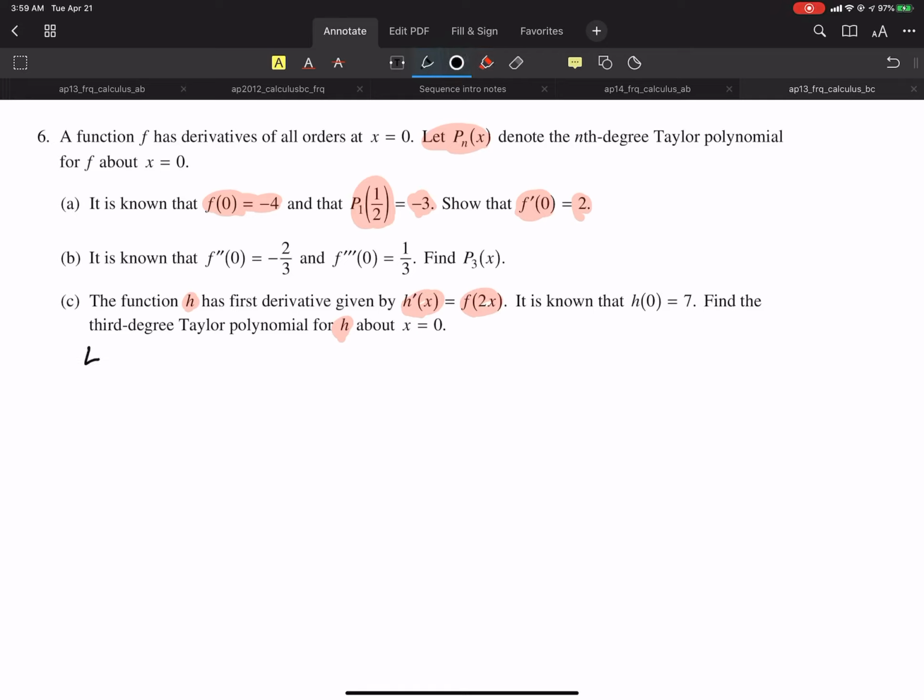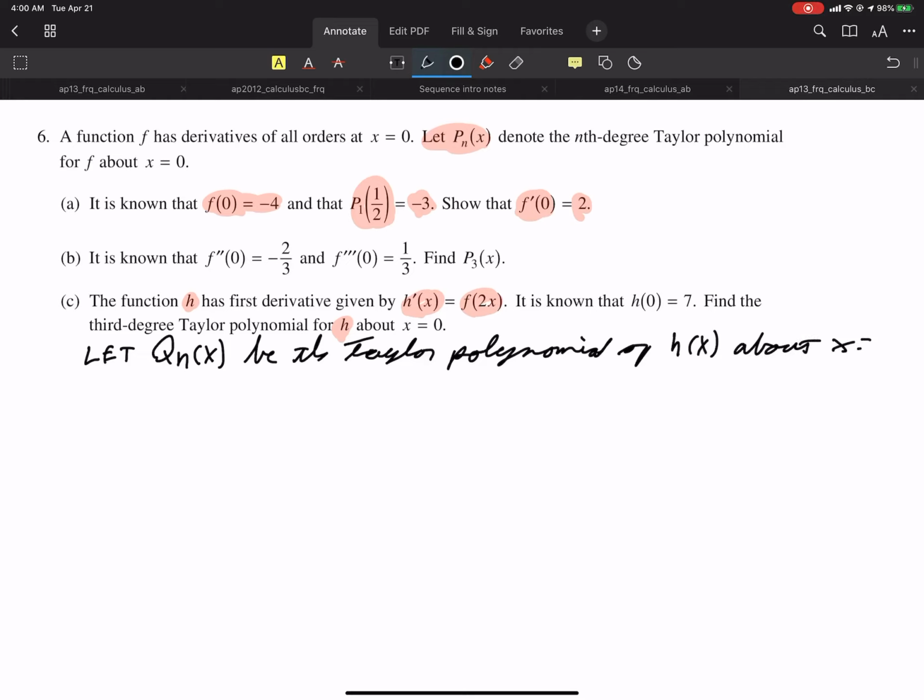So they have to define what their Taylor polynomial for h is going to be. So they are going to say, let Q sub n be the Taylor polynomial of h of x about x equals 0.